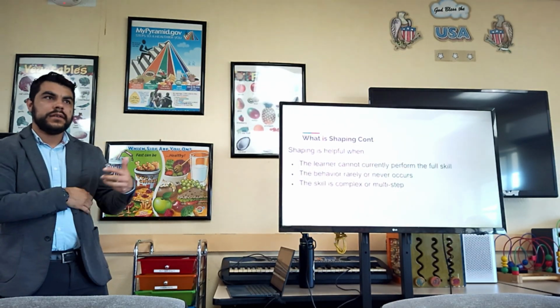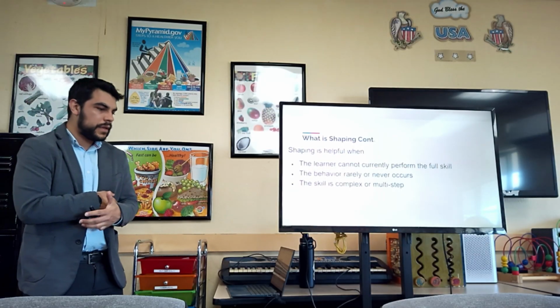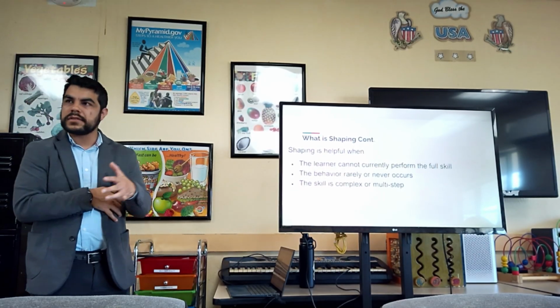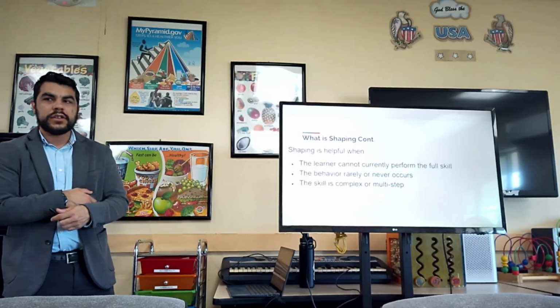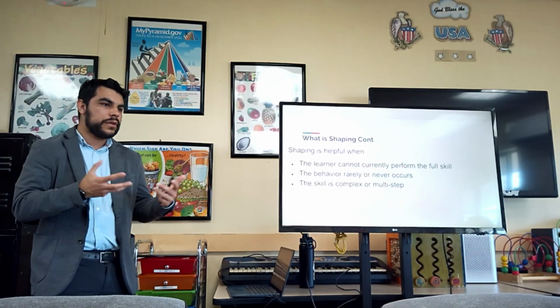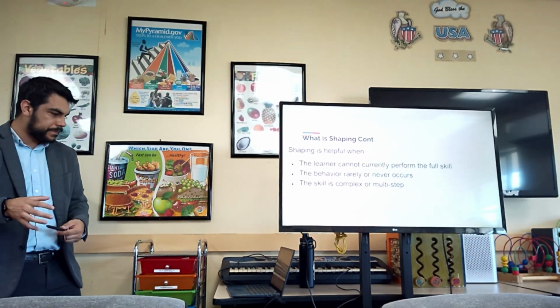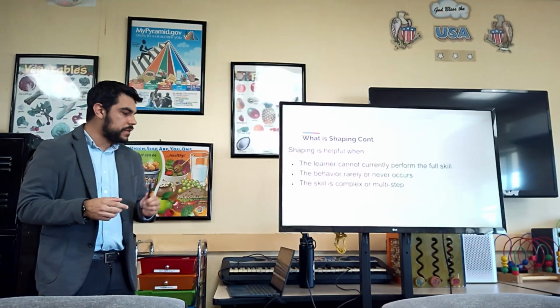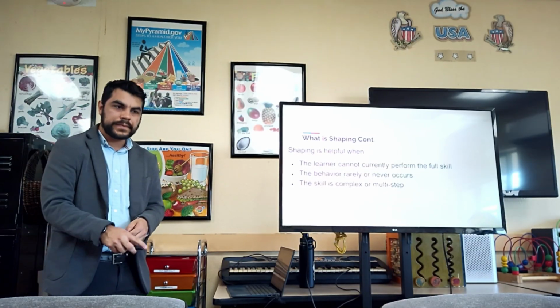Depending on the individual's preference or the nature of the skill they're learning, you would choose to do either chaining or shaping because they are very similar forms of instruction.